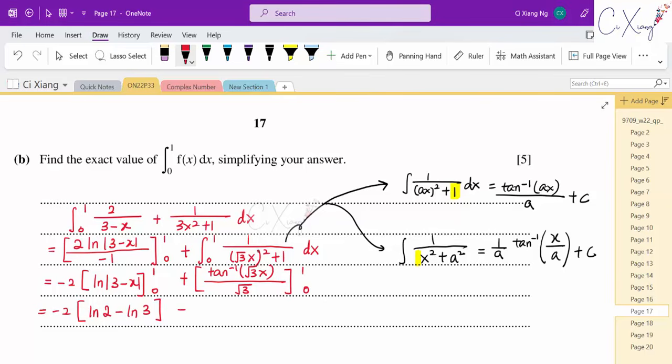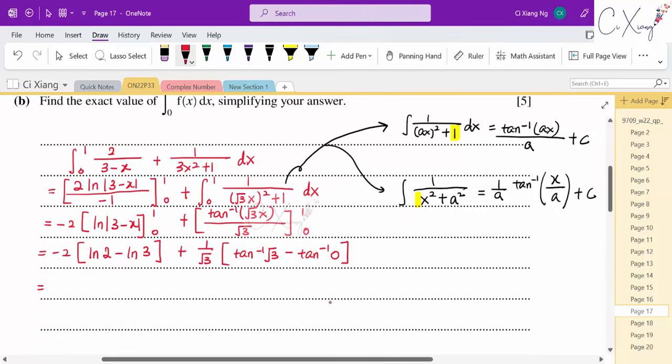And then for this part, I will take out the constant 1 over square root 3. Substitute the value x equals to 1, I'm having tangent inverse square root 3. If I substitute 0, I'm having tangent inverse 0. Try to rephrase the answer here.